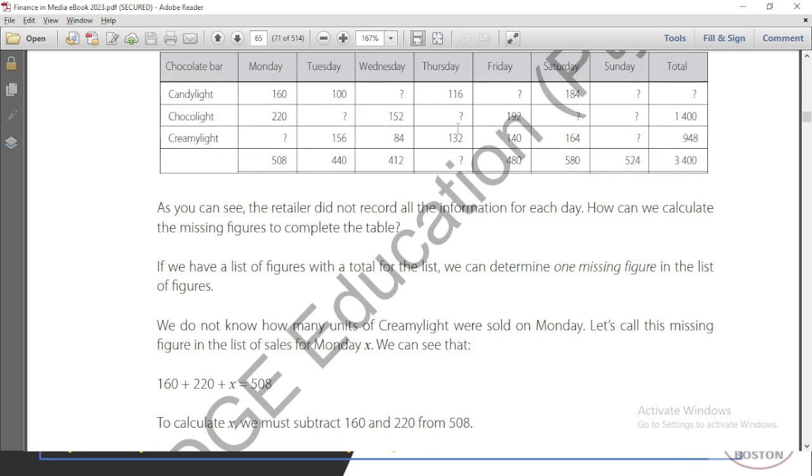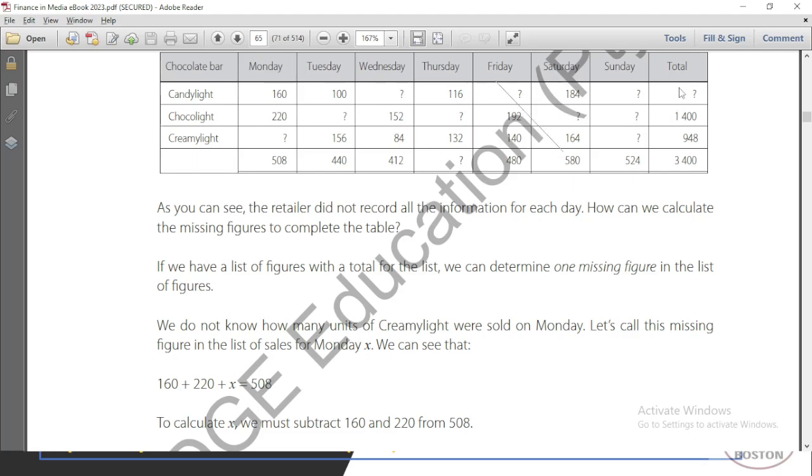From our Thursday total, we'll calculate the chocolate missing figure. Then we do the same for Friday, applying the same principle, 80 minus 140, 192. The same applies to Saturday, and from Monday to Saturday will be complete once we complete up to Saturday.